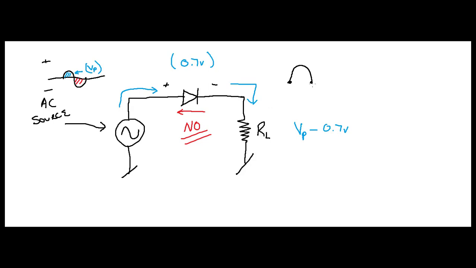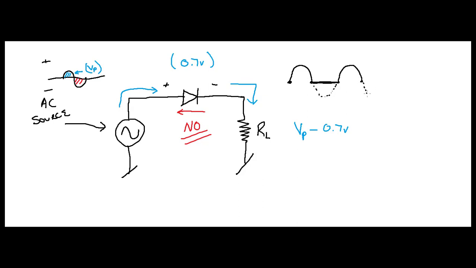We get that. Now, if your signal goes negative, like it will, the voltage across your load resistor is going to stay at 0. Why? Because the diode won't let current flow in that direction, so it's just 0 volts. Then your AC signal is going to come back. Again, it's going to go up, come down.